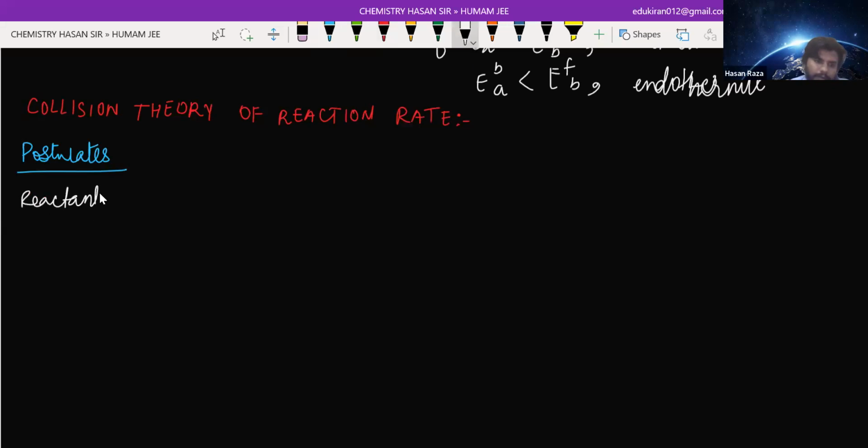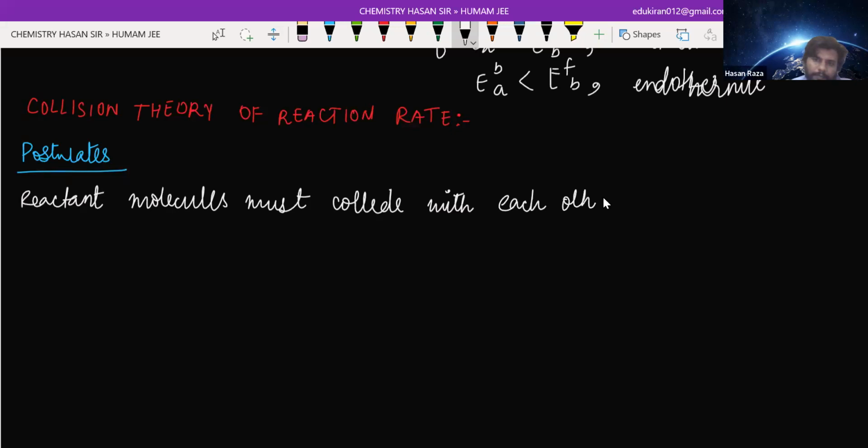So we can write: reactant molecules collide with each other in order to take place.